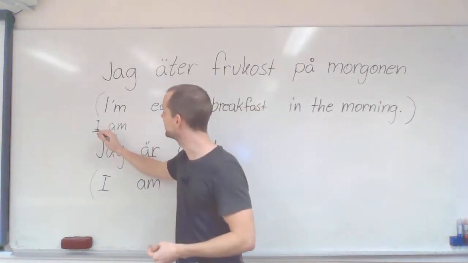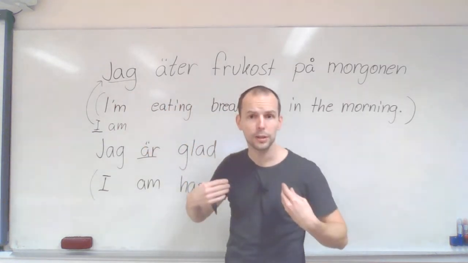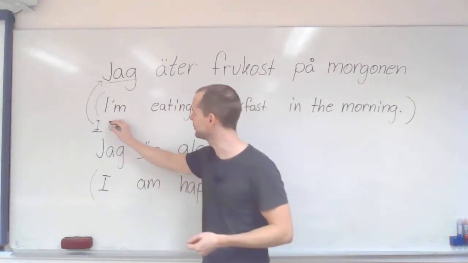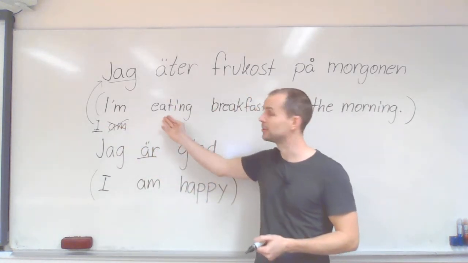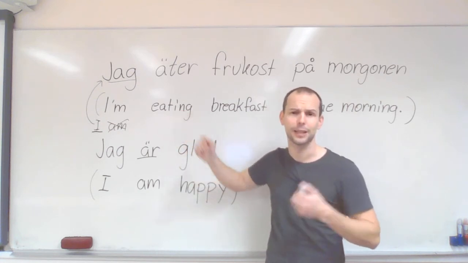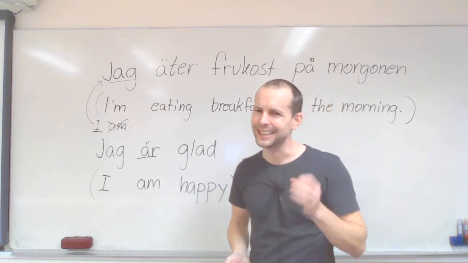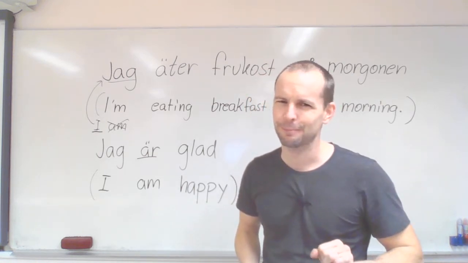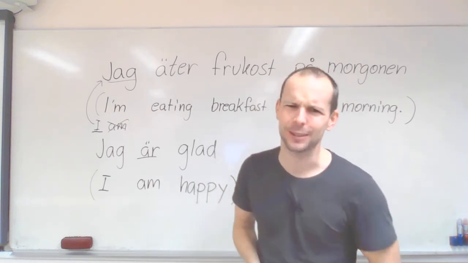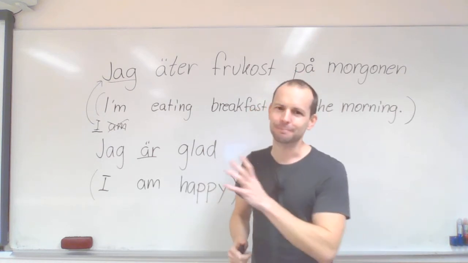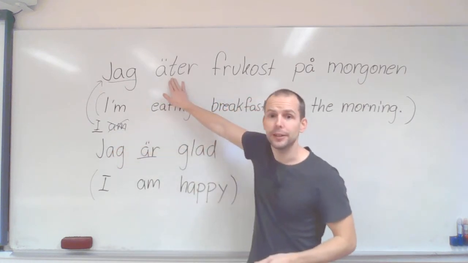So I, which is jag, but am, we don't have this one because we have the verb here, even though you actually have it here in English as well. So I should tell you right now, I'm not an expert in English grammar. So if I make mistakes, it will happen. But bear with me. So we don't use this one because we have the verb here.